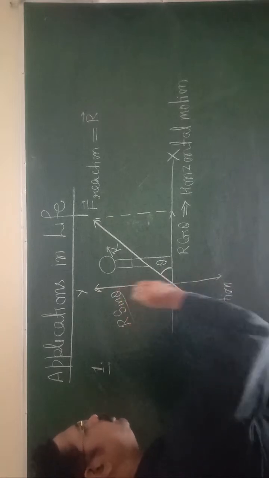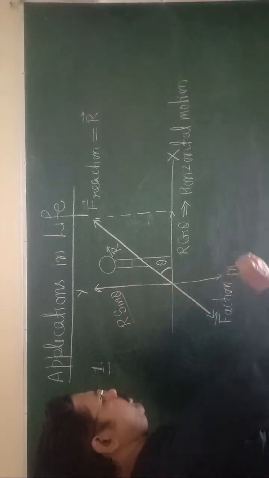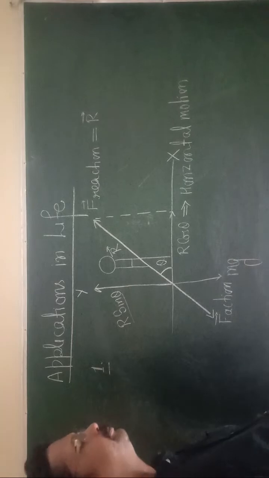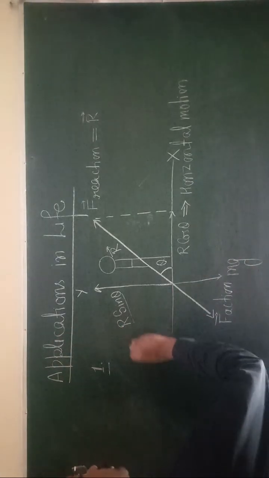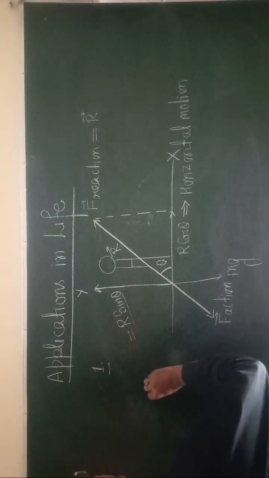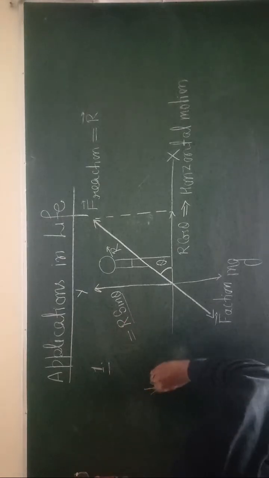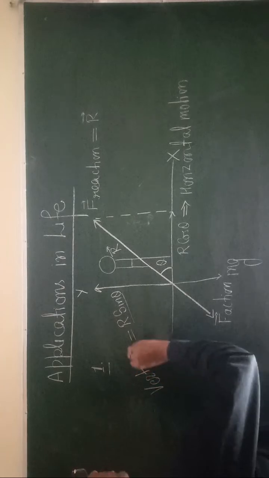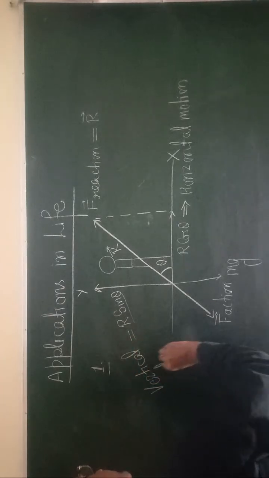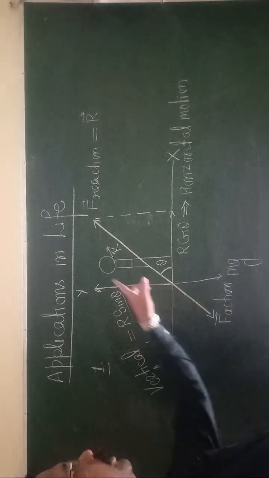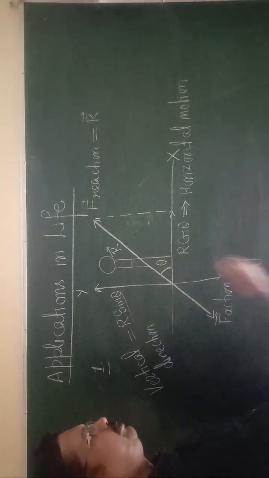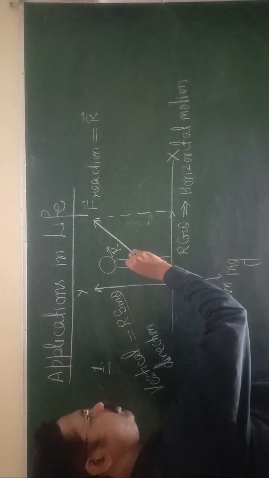R sin theta is equal to mg. R cos theta. So in the vertical direction, the mg of the body acts here.